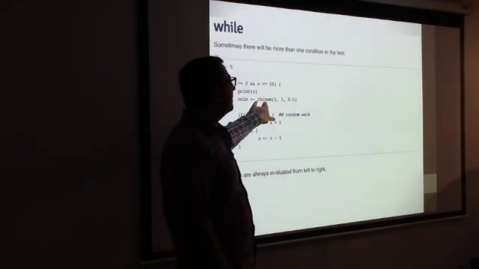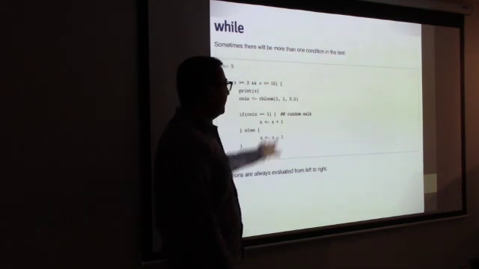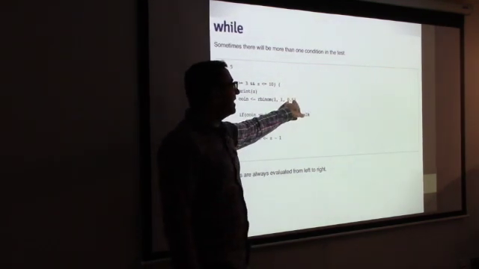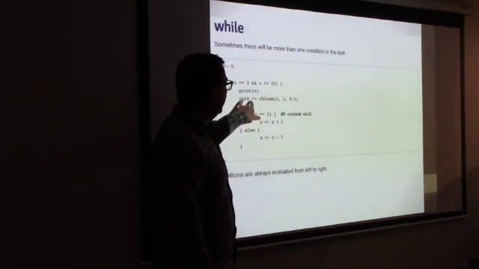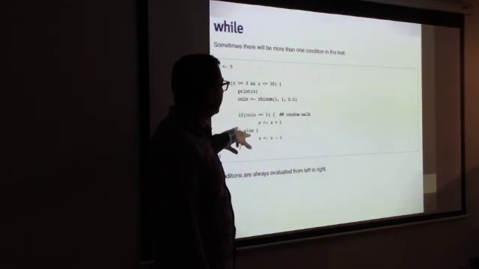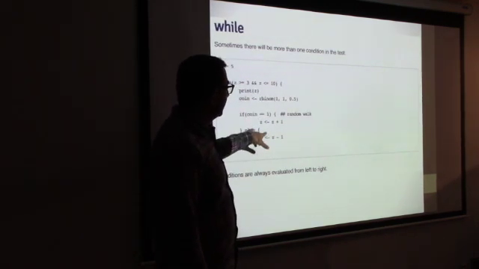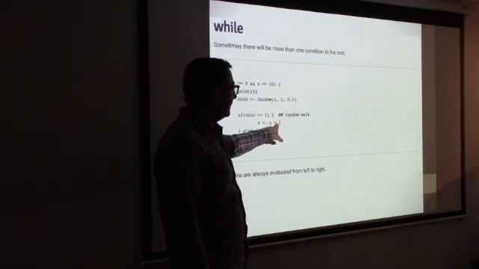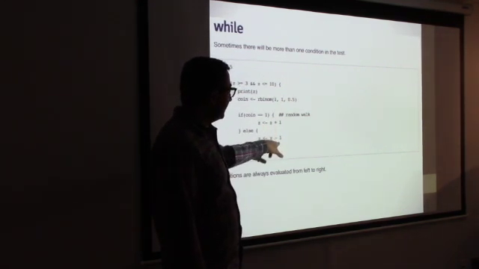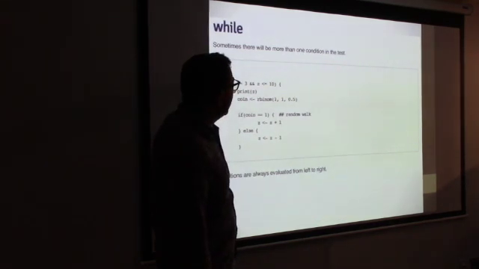Rbinom is a random binomial distribution, and you're saying there's a 0.5 probability of it being either true or false, so the coin comes up as either 1 or 0. If it's equal to 1, then you add 1 to z. If it is not, then you subtract 1 from z. Z starts out as 5.